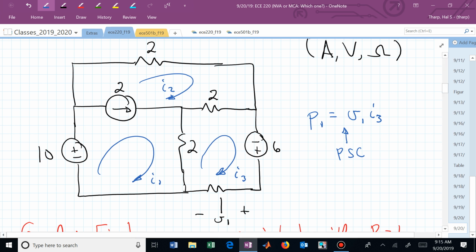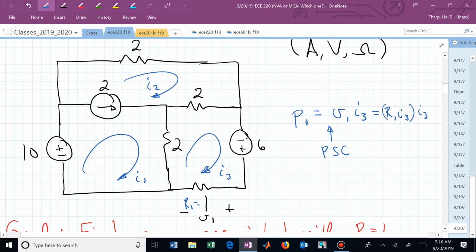But we can also use Ohm's law to rewrite V1. Let me call this R1 just so that we can say Ri. That's Ohm's law times I sub 3. Or that's now R sub 1, I sub 3 squared.